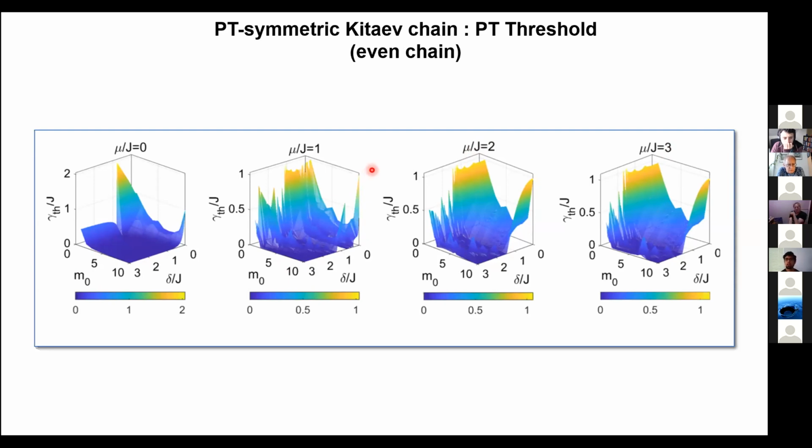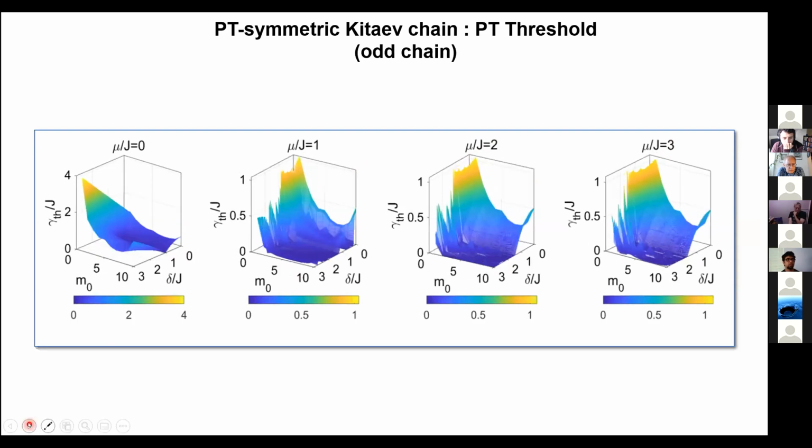Okay, so now what about the odd chain? So we do the same thing for the odd chain. And what we find is that, sure, for mu equals 1, it's a little bit noisy, but you still have a similar structure. But what I want to draw your attention to is this part, which is when mu is equal to 0, when the on-site potential is equal to 0.